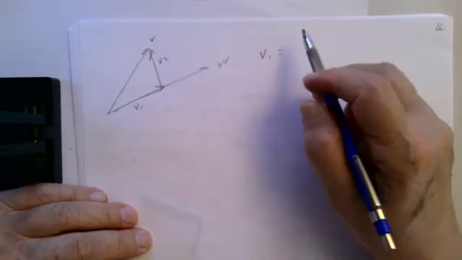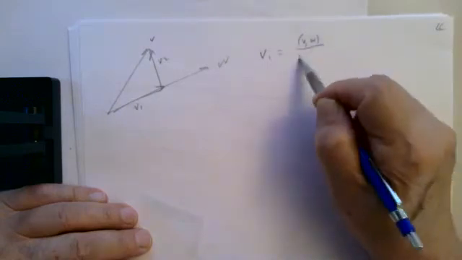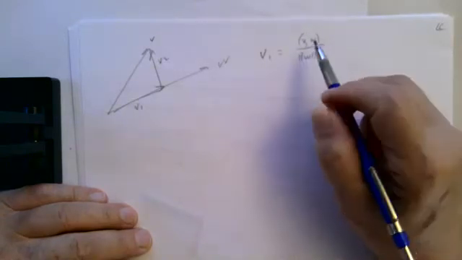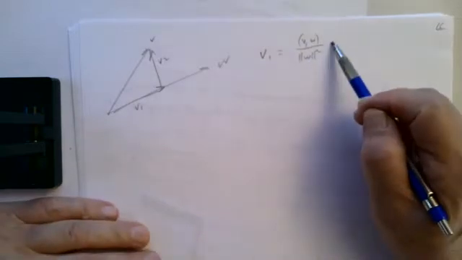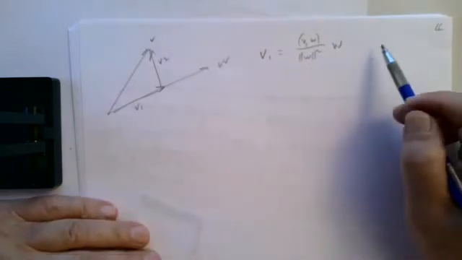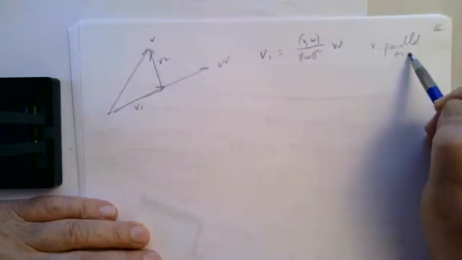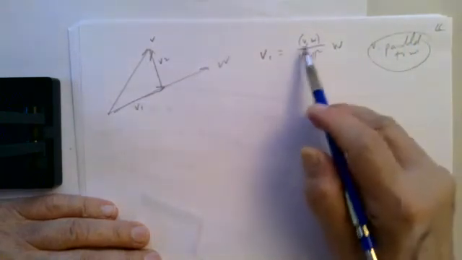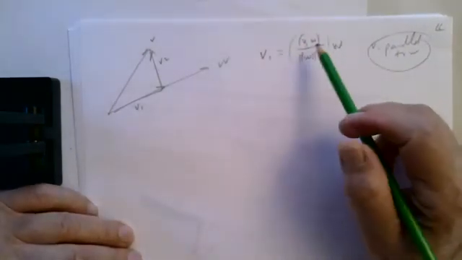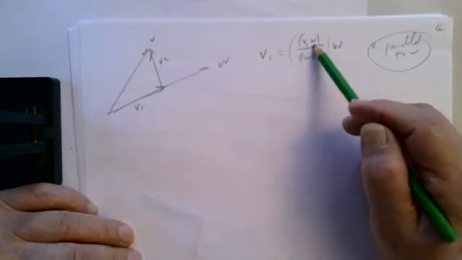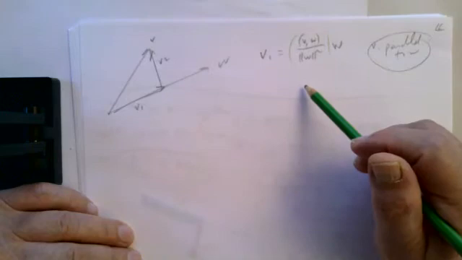V1 is going to be a certain scalar multiple of W, and I take the inner product of V and W divided by the length of W squared. So this is a scalar times W. So V1 certainly is parallel to W because it's just some number, and this is a number. VW inner product, that's a number, length of W squared.